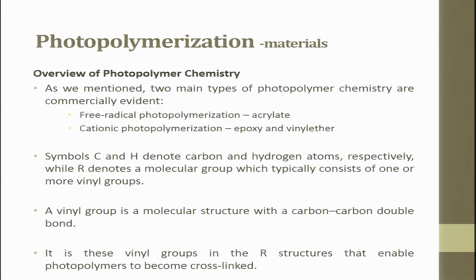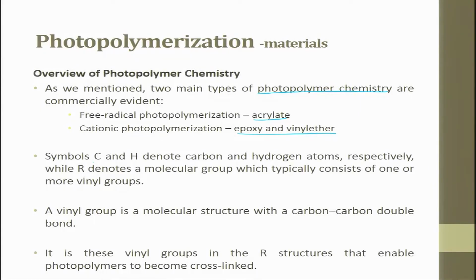Two main types of photopolymer chemistry are commercially evident. Free radical photopolymerization, which is nothing but an acrylate. Cation photopolymerization, which is epoxy and vinyl ether.